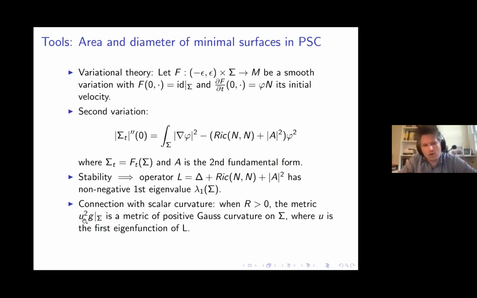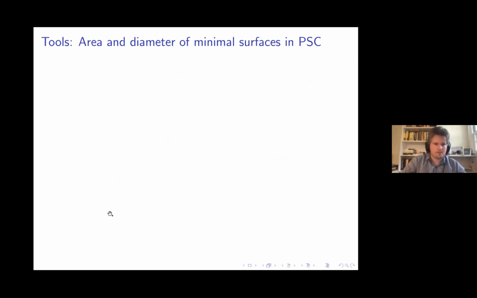Now it takes a little work to say, okay, this metric u squared times g is small, but you can actually prove that g also has to be small. So you can bound the area and the diameter of g. Okay. So that's the connection, the starting point for the result.